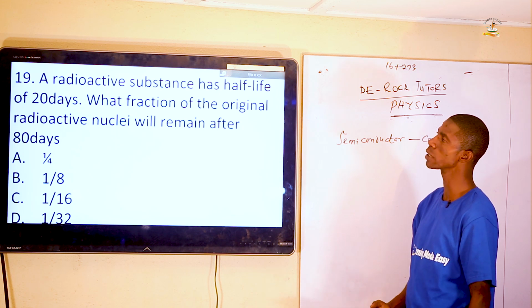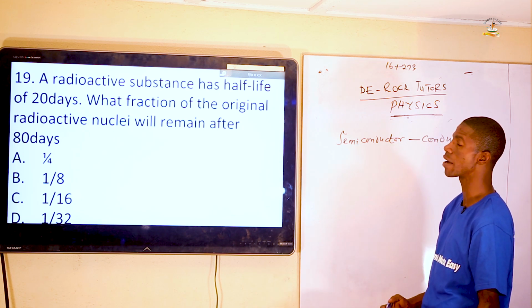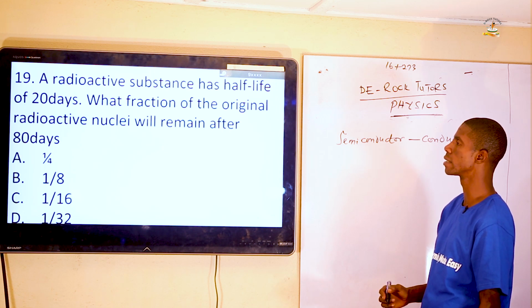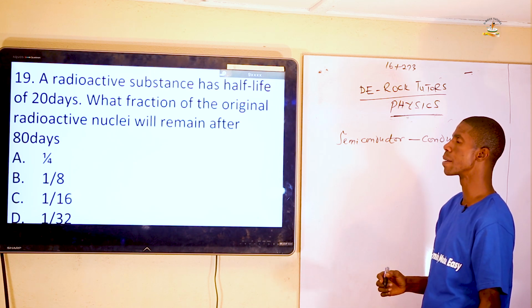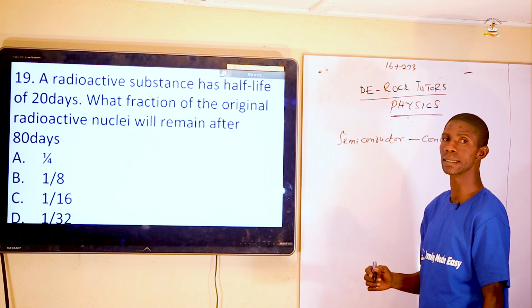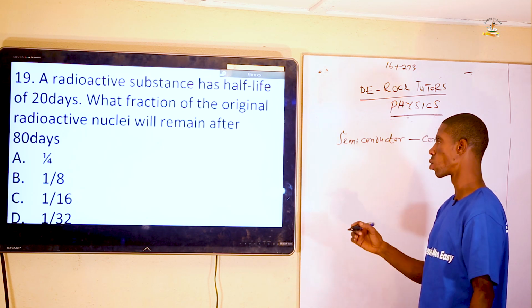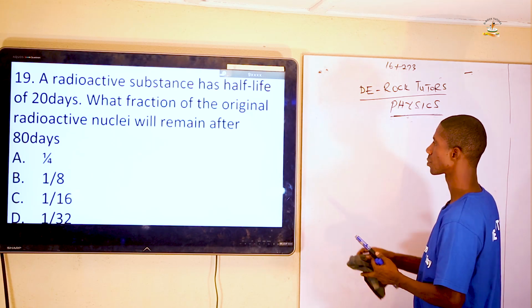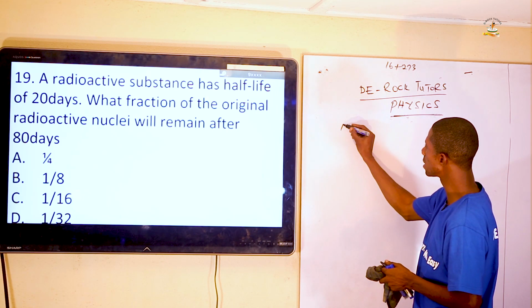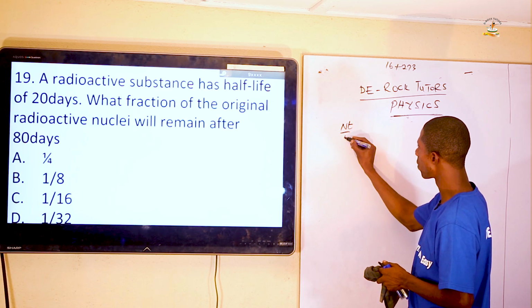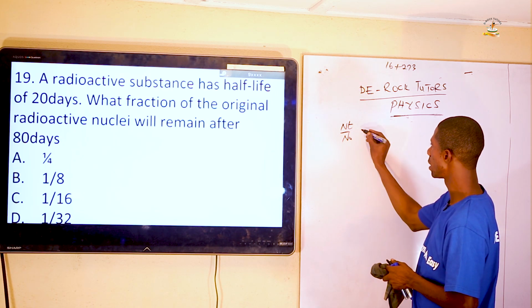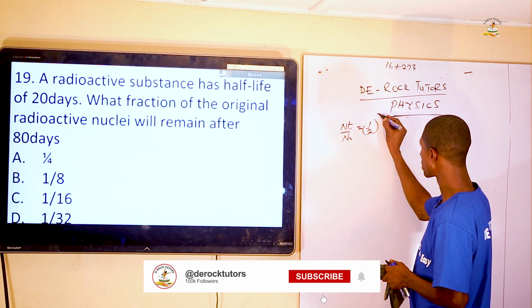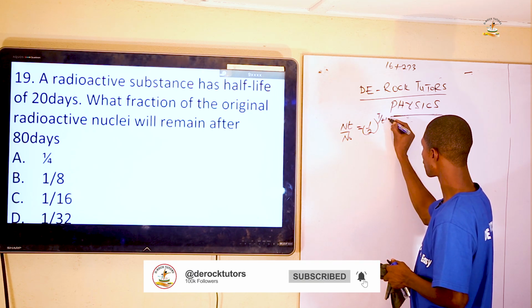Now we have this one: a radioactive substance has a half-life of 20 days. What fraction of the original radioactive nuclei will remain after 80 days? We have a formula that will help us solve this: NT over NO equals half raised to the power T over T half.